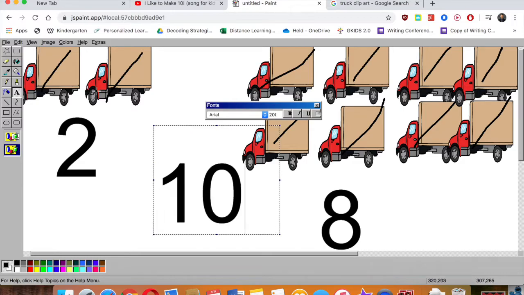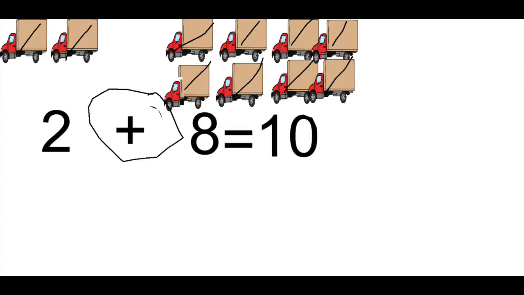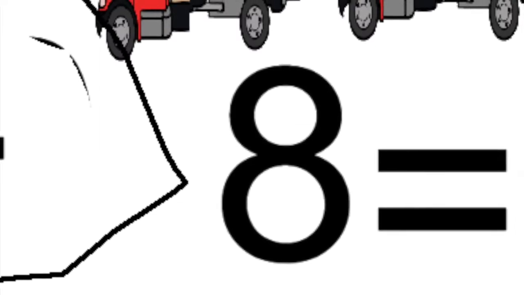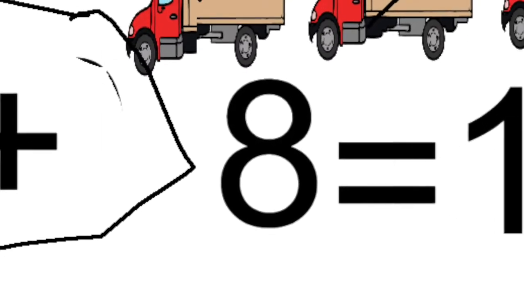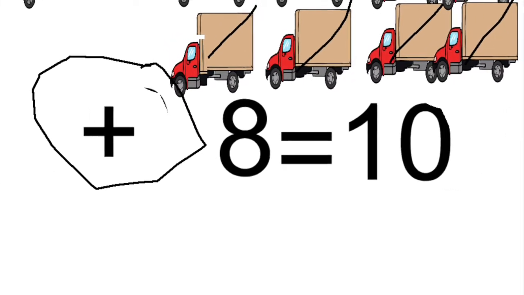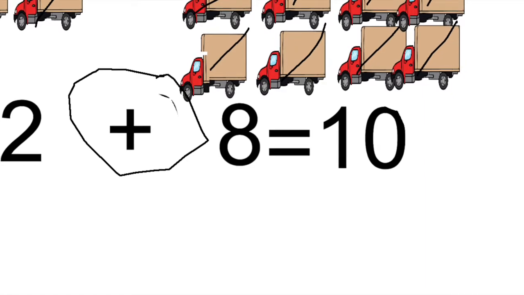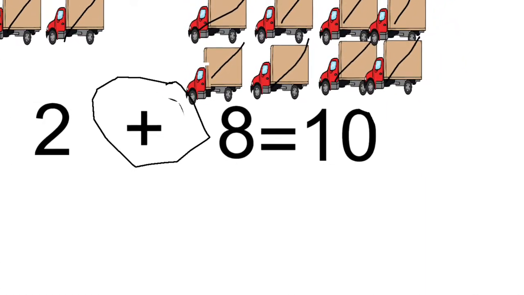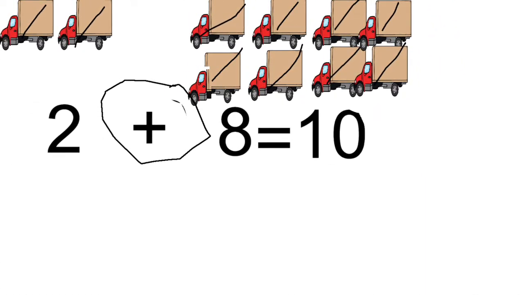So I made 10. Awesome. So 2 plus 8 equals 10. I'm going to read that one more time. 2 plus 8 equals 10. So for this problem, our answer is actually 8 because we knew that we were going to make 10. But we needed to see what number went with 2 to get 10.